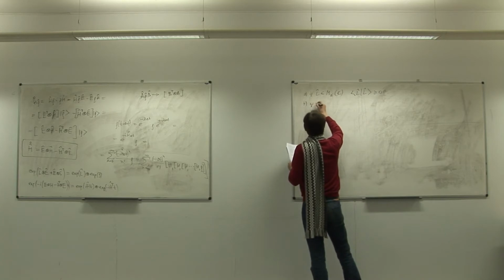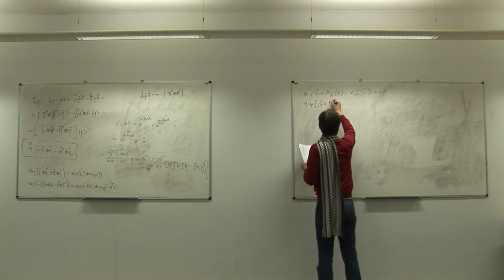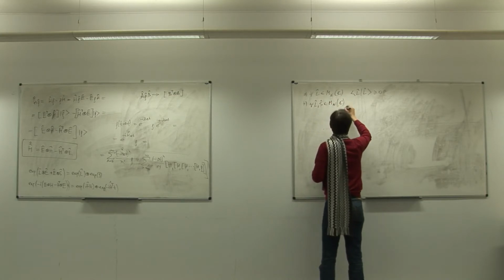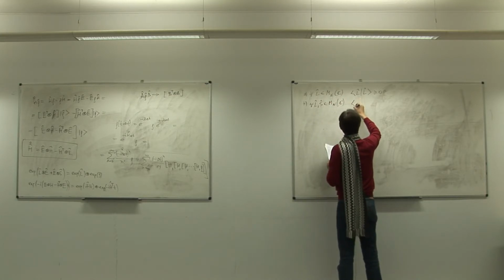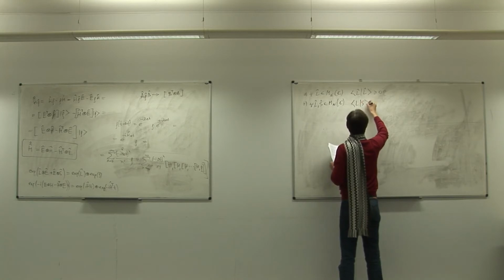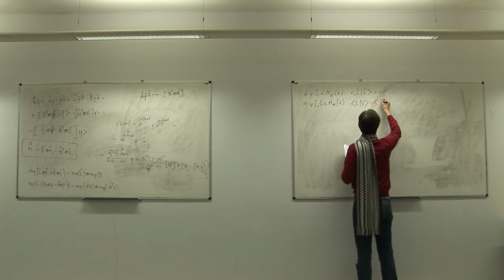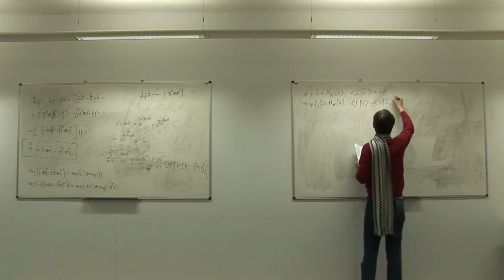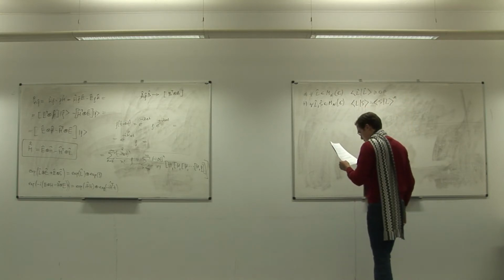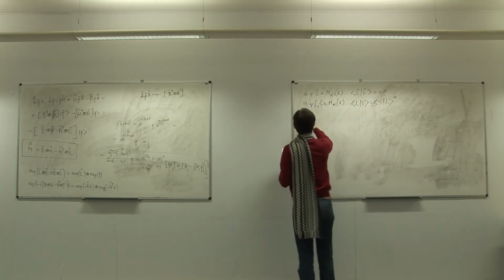B, for any 2 operators, L and S, living in M_n(C), it must be the case that the scalar product LS is equal to the scalar product SL complex conjugate.